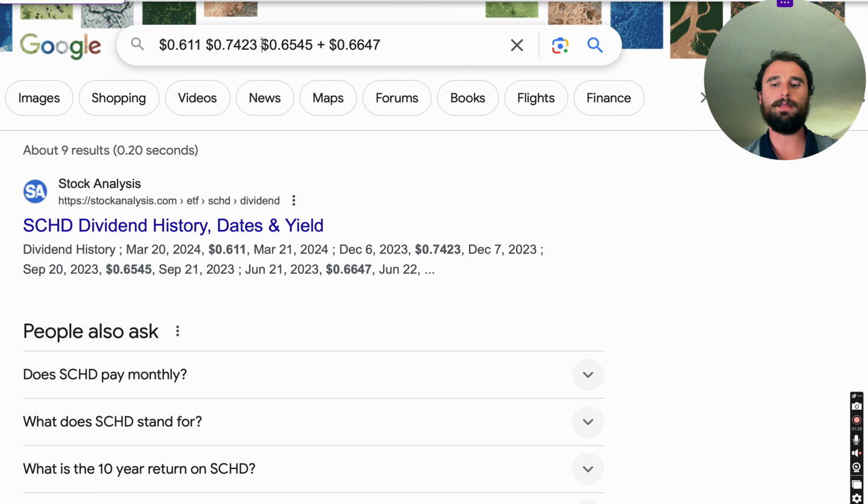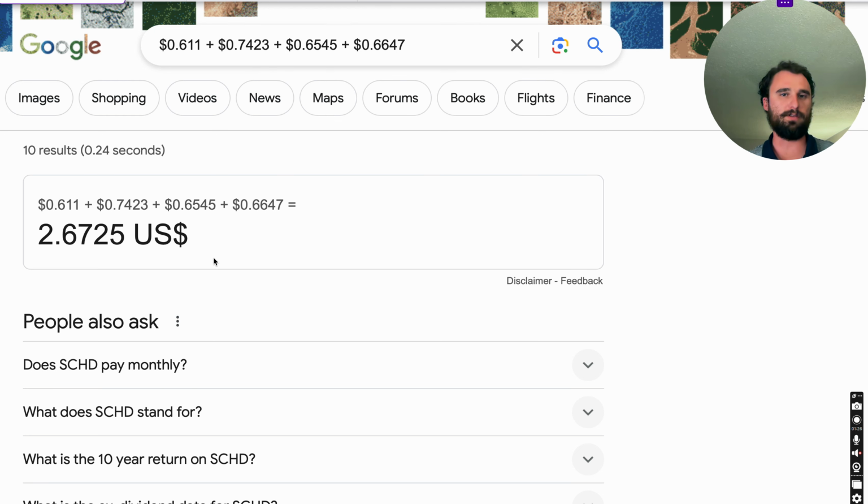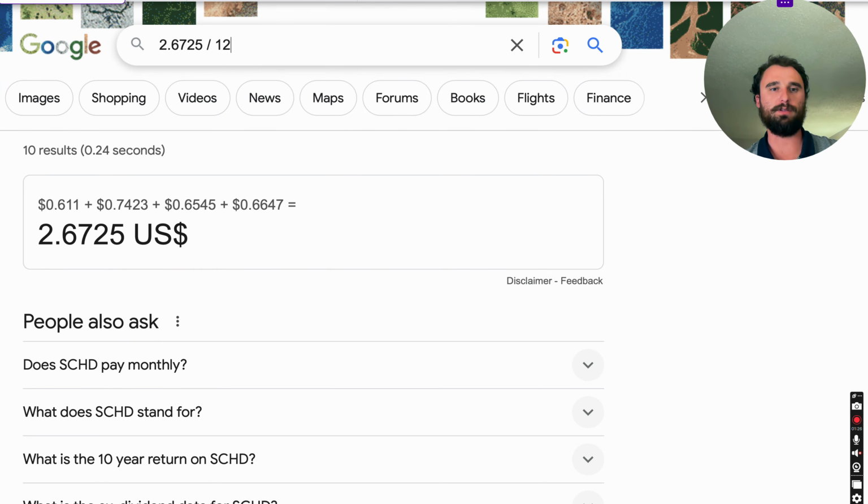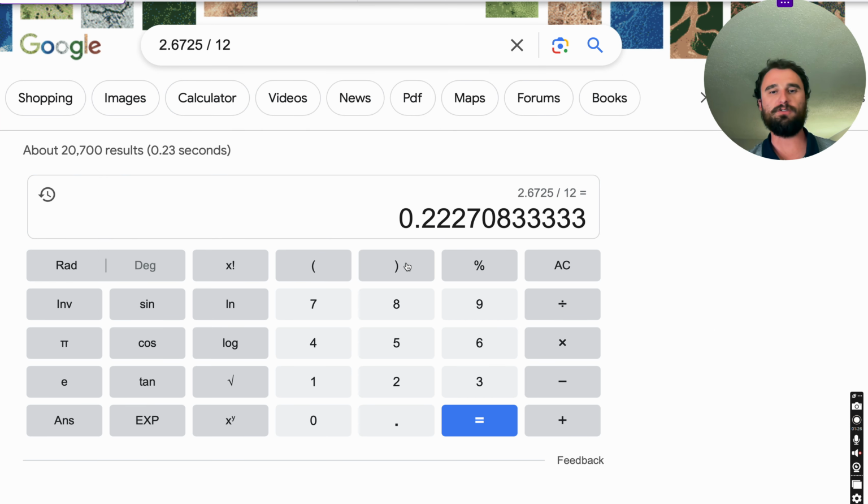Let's try that again. So $2.67 is what that comes up to. We will take this number, divide it by 4, come up with the average. Or if you want, you can divide it by 12 as well to get the monthly dividend amount, which is roughly 22 cents per share. And so per month, you're looking at, let's say, 22 cents per share.